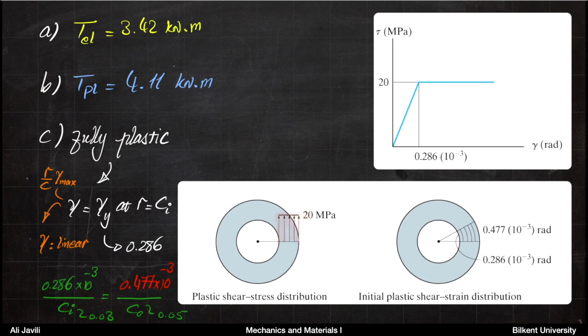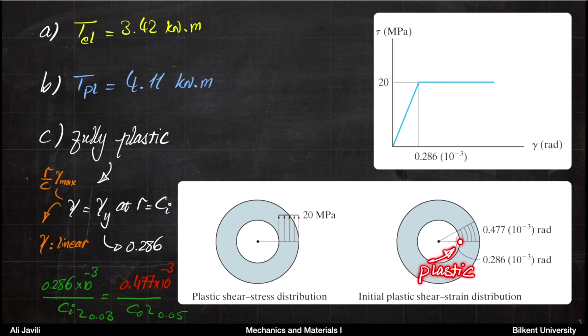But if you remember, we said previously that the strain distribution is always linear. So strain distribution follows the geometry. It doesn't know about the material behavior itself. Now, because you know it's fully plastic, it means it should be plastic already at the inner radius. So it starts plasticity here.